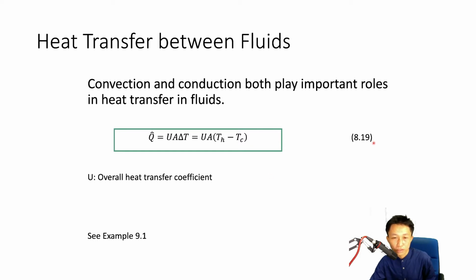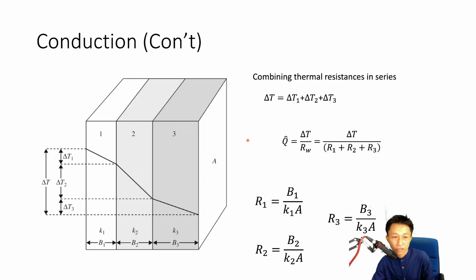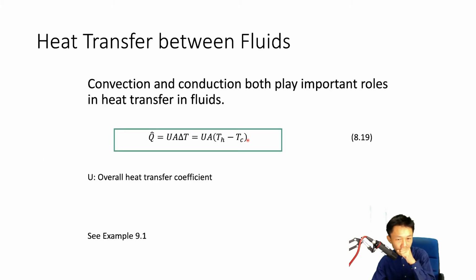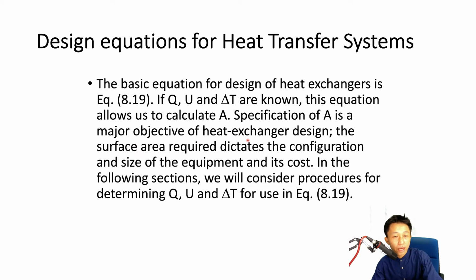This is question 8.19. Q is heat, U is the overall heat transfer coefficient, A is the area, and delta T is between the hot and cold side. The basic calculation for this one: if Q, U, and delta T are known, we can calculate the area.